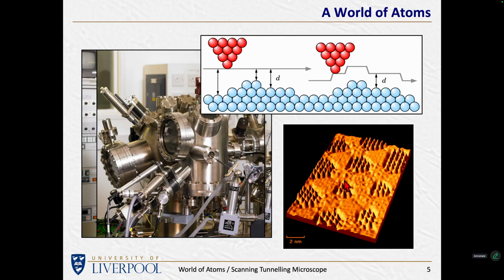Each of these tiny bumps is an individual atom on the surface. Note the scale here, there's a 2 nanometer scale bar. So these rather incredible scanning tunneling microscopes are able to show individual atoms and molecules. And they've really revolutionized over the last 20 or 30 years what we've been able to see and what we've been able to understand in terms of how atoms interact with each other.